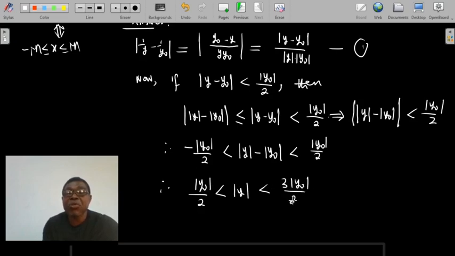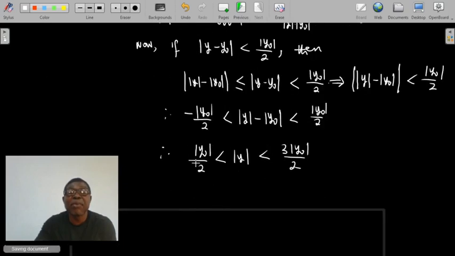But my interest is in controlling this absolute value of y in the denominator. So we want this to be controlled by a constant, maybe depending on y naught. From the inequality, you'll find out that the left-hand side will do the job for us. And again, interestingly, absolute value of y naught is not equal to 0, meaning that this entity here is greater than 0.